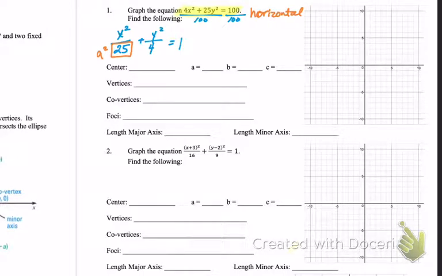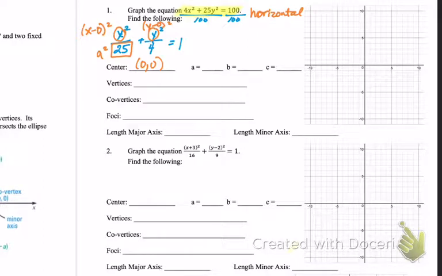In this case, it's going to be at 0, 0 because there's nothing in parentheses. It would be like saying x minus 0 squared and y minus 0 squared. So my center is at 0, 0.